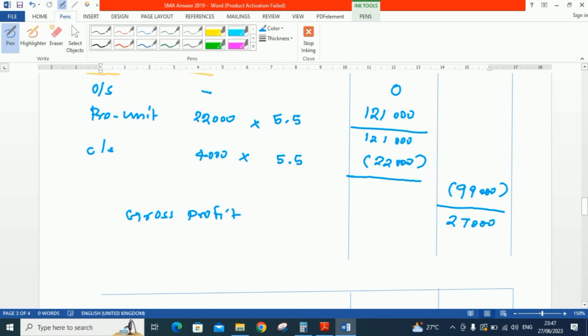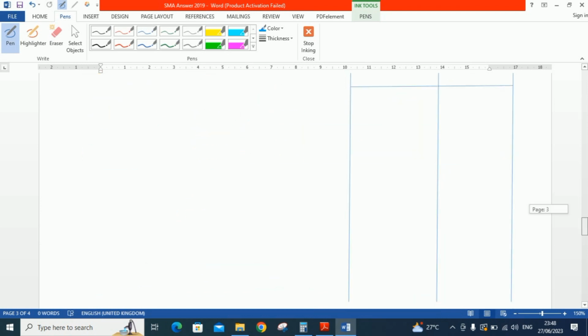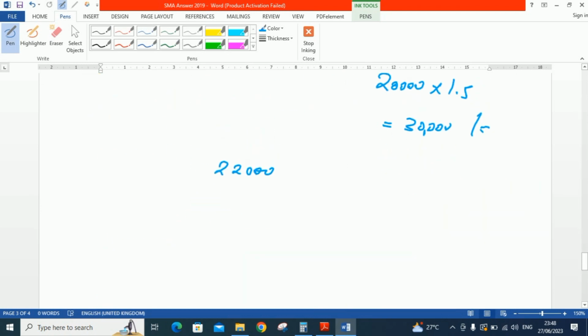So we calculate 2,000 additional units of fixed cost. We need to adjust that because fixed cost never changes in a certain period, so we can't include more than the 30,000.